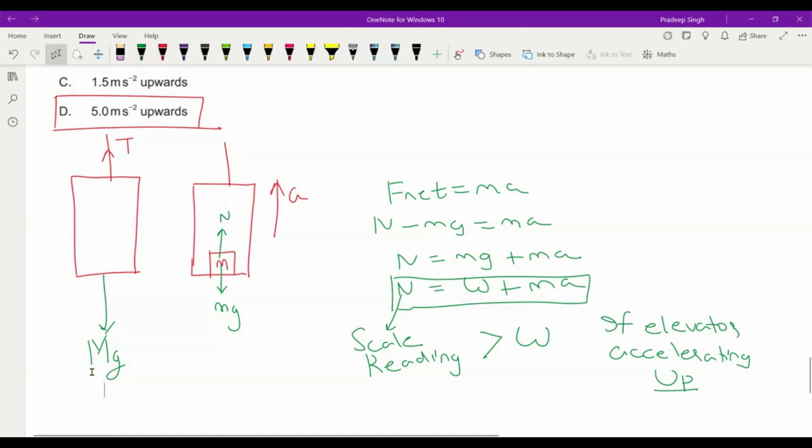Capital M is the mass of the elevator. Then whatever's inside the elevator would also be acting downwards, right? Remember Newton's third law, action and reaction. One N is acting on small m. Where is the second N, which completes the pair?